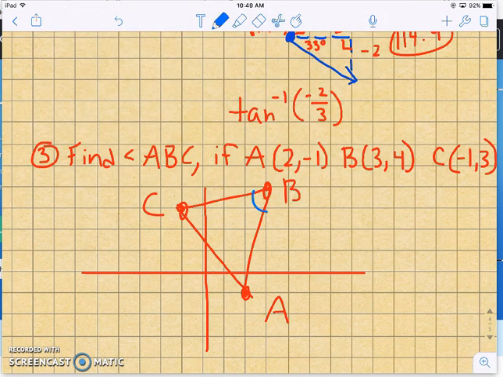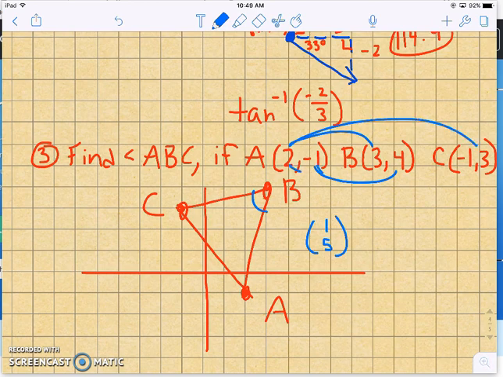Well, again, we don't have side lengths, but we could set this up as vectors, A to B. So A to B, we go over 1 and up 5. A to C, backwards 3 and up 4. And then C to B, or B to C, backwards 4 and down 1.